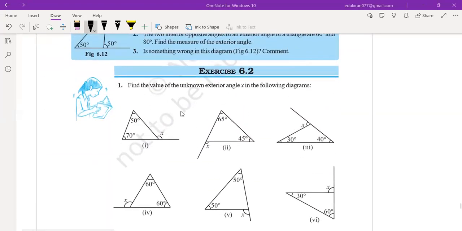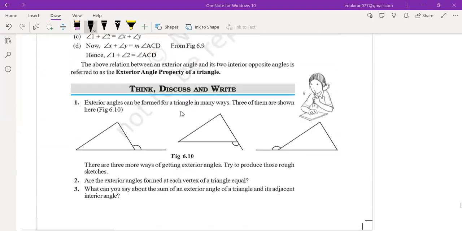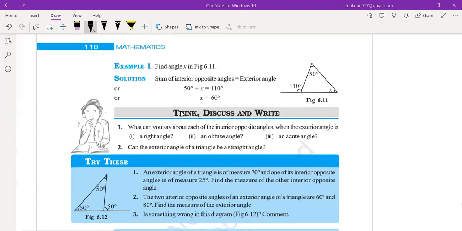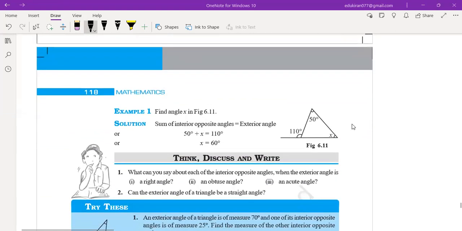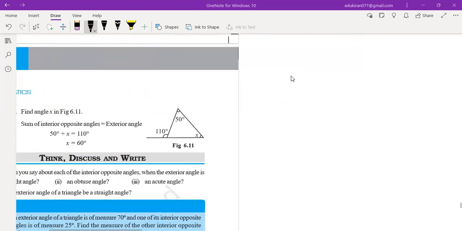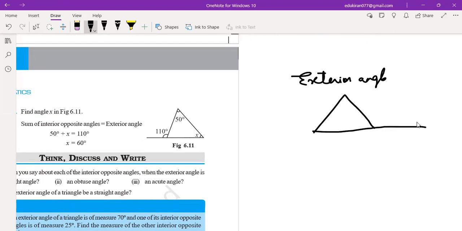Before starting the second exercise, I want to tell you the property of the exterior angle. Listen to it very carefully. For example, this is a triangle. Over here, this is one angle and this is another angle.